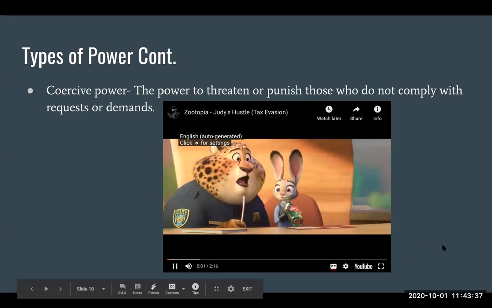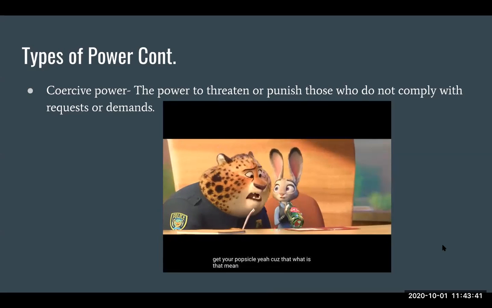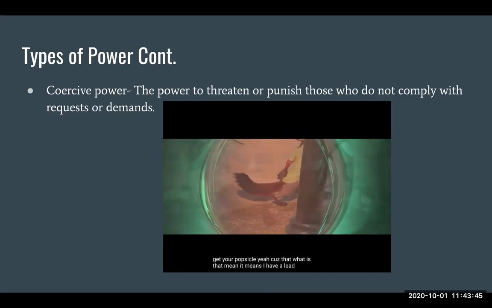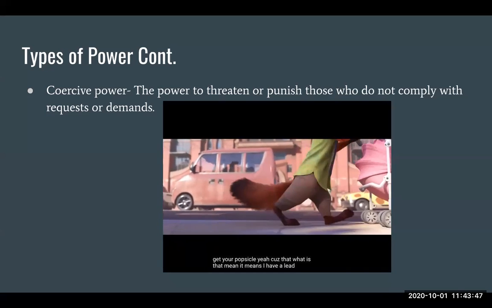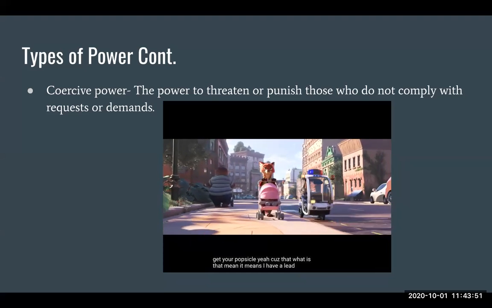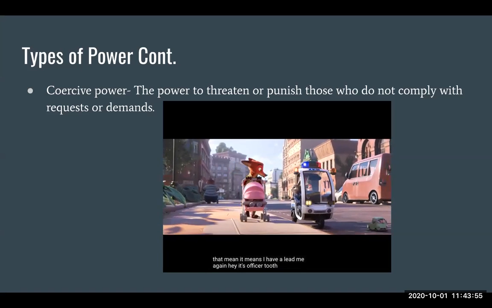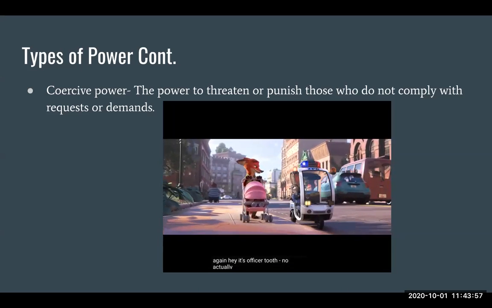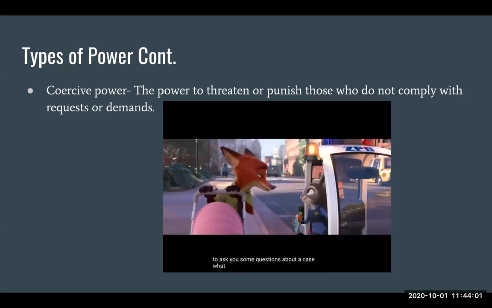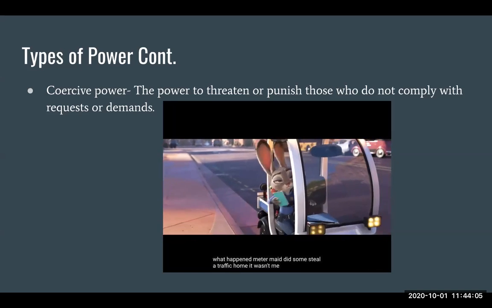Get your popsicle. Yeah. What does that mean? It means I have a lead. Hey, it's Officer Toot Toot. Actually, it's Officer Hops, and I'm here to ask you some questions about a case. What happened, Meter Maid? Did someone steal a traffic cone? It wasn't me.